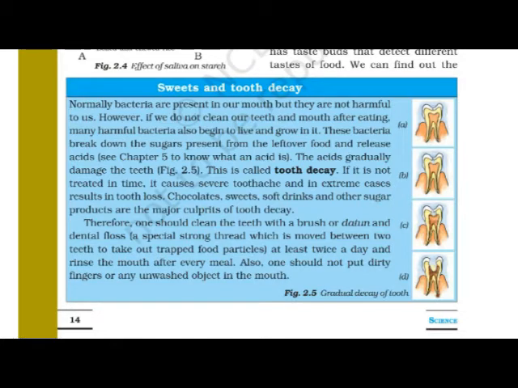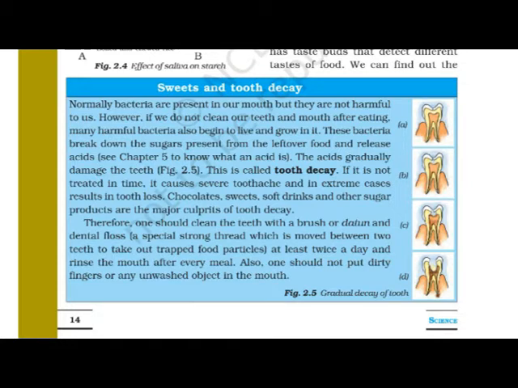But if we do not clean our mouth or teeth after eating, many harmful bacteria begin to live and grow in it. Now we are going to discuss what will be the effect of these bacteria.